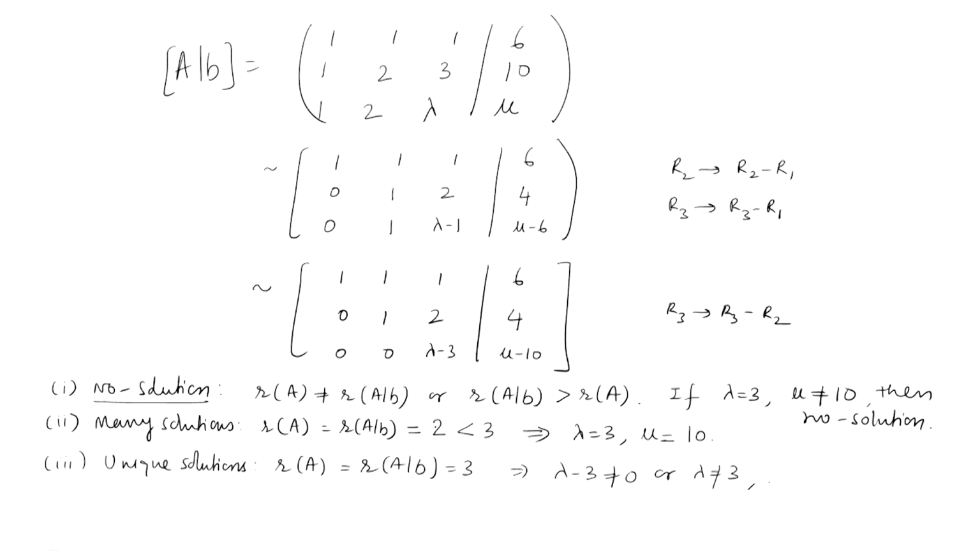So, mu belongs to R. So, this is the condition on lambda and mu so that it is having unique solution. For these values it is having many solutions, and for these values it is having no solution. So, this is how we can find out whether the linear system of equations has unique solution, no solution or many solutions.